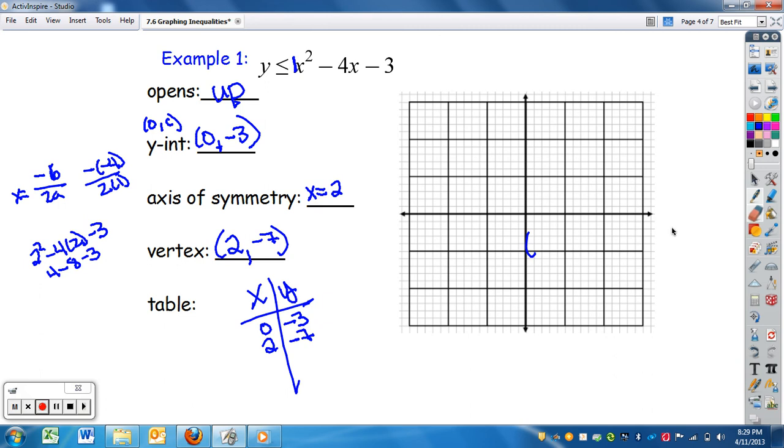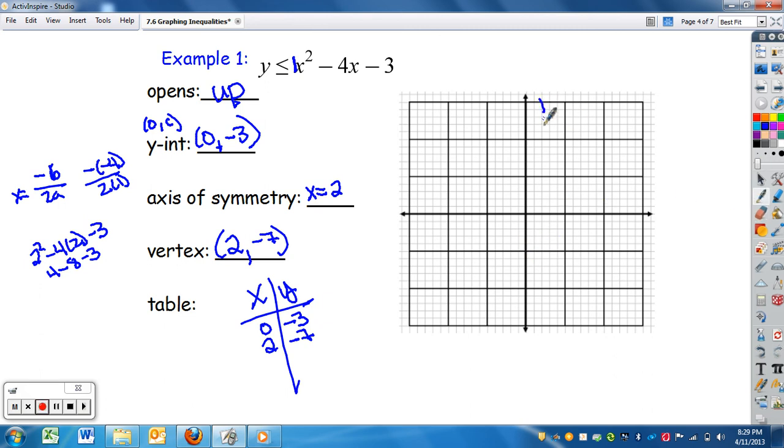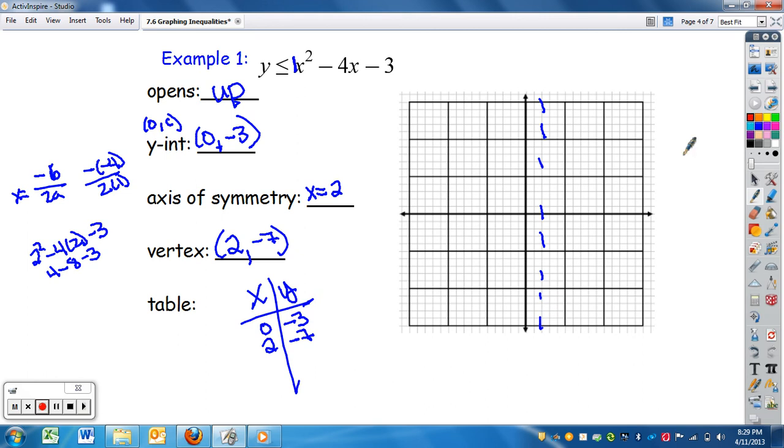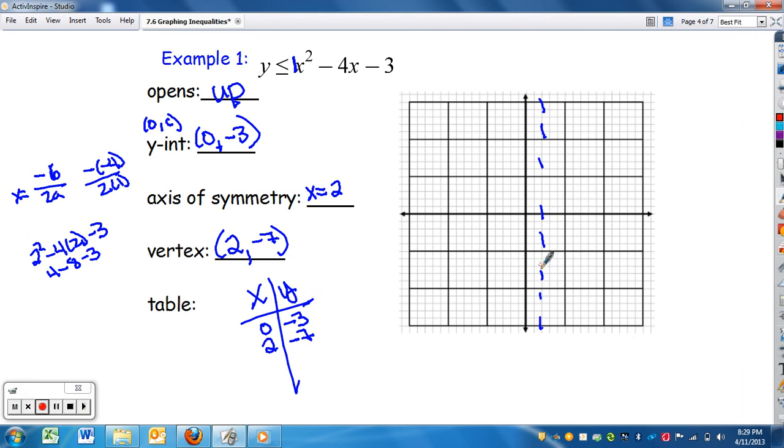So then I can plot my points to make my parabola. My axis of symmetry is right here, so remember where my middle's at. I have 2, negative 7, which is right here. 0, negative 3. Reflect that point over. Find another point that's somewhere around here.